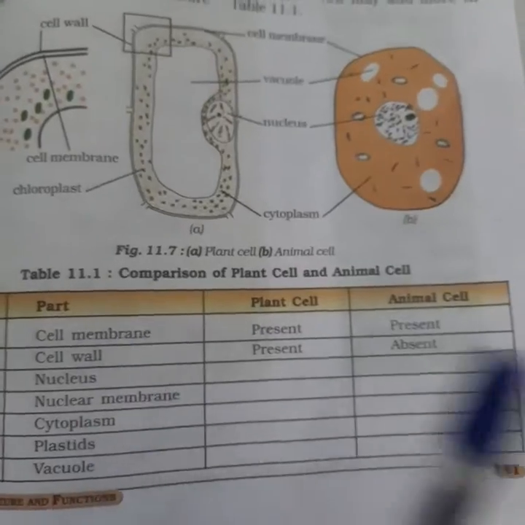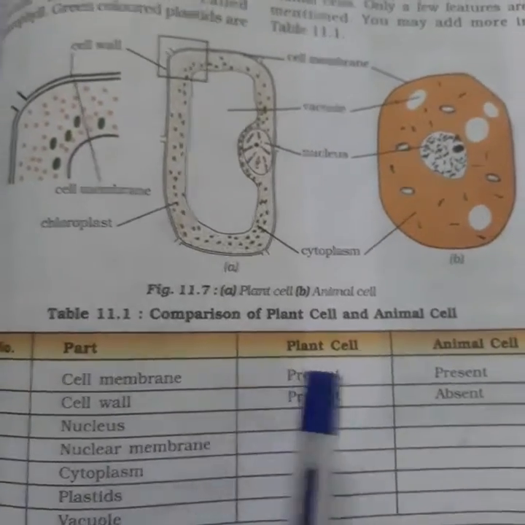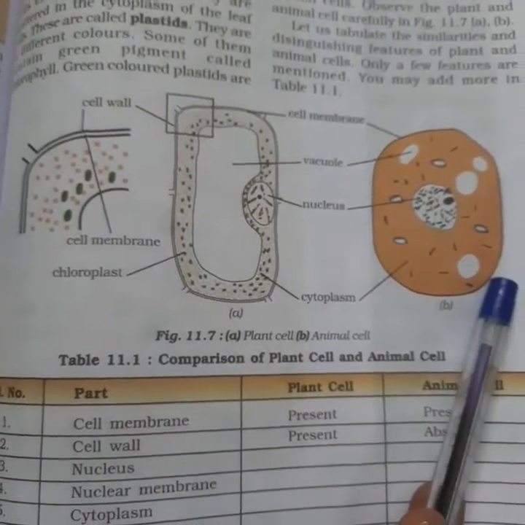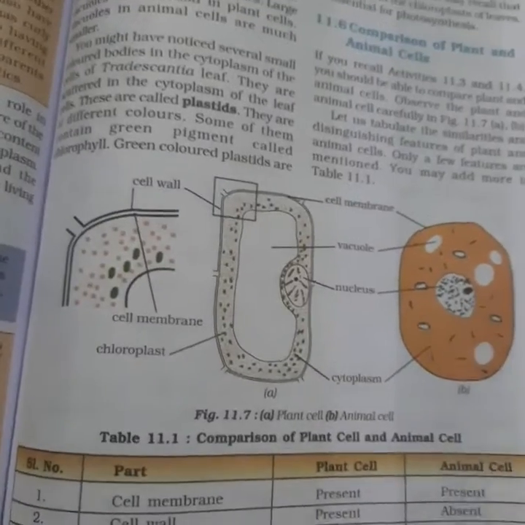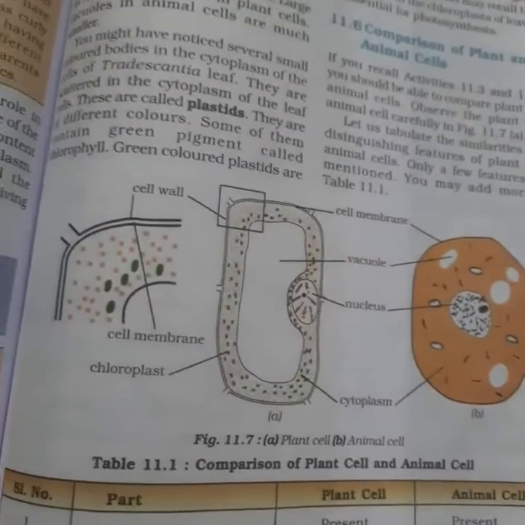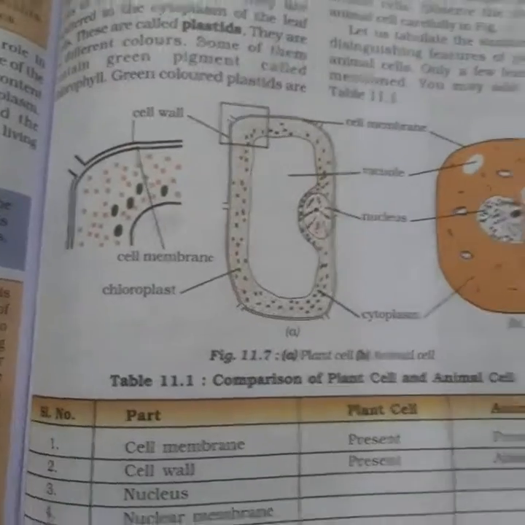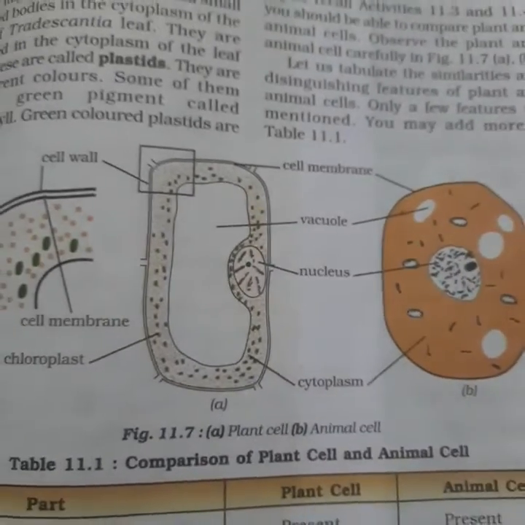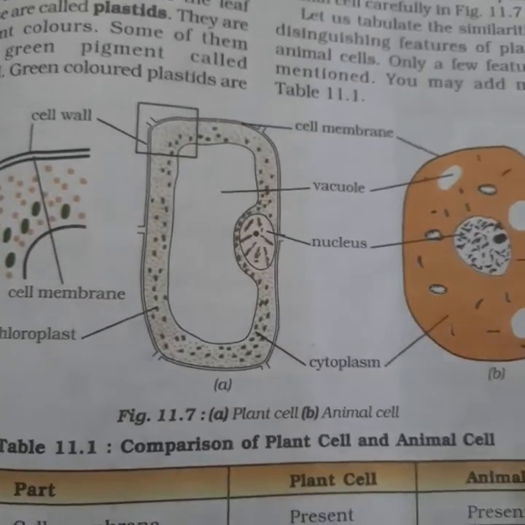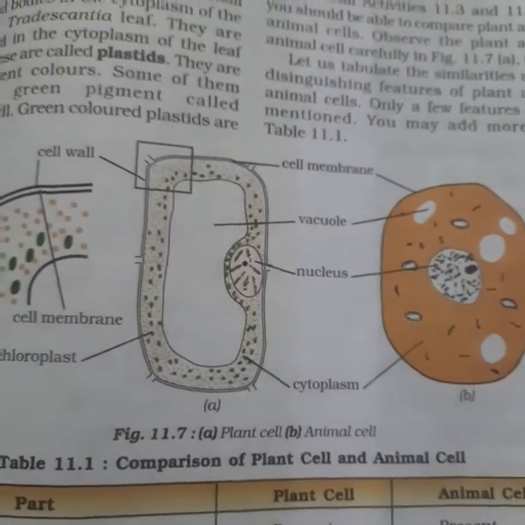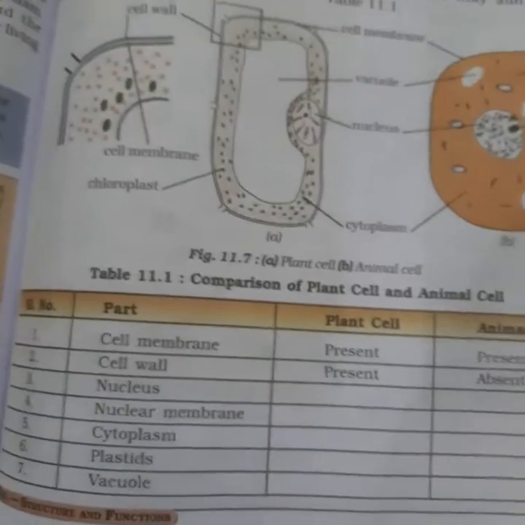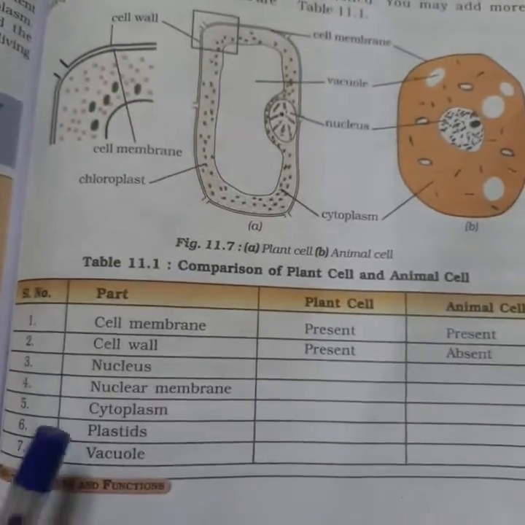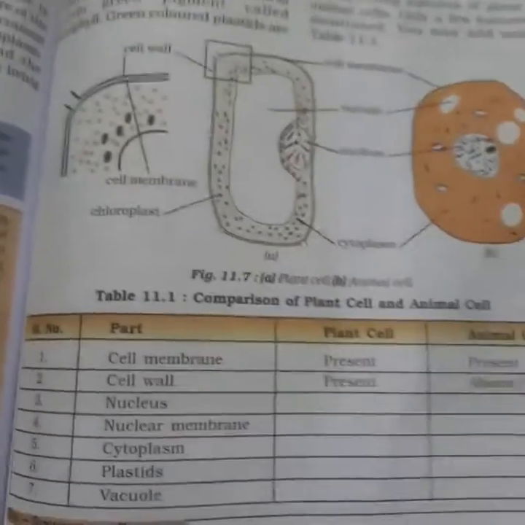What you have to do is simple. You have to see these two cells and also recall the activities of 11.3 and 11.4 and compare these two cells. What similarities and what differences are there in these two, you have to write down. Okay. So here in this table you have to write down and show me.